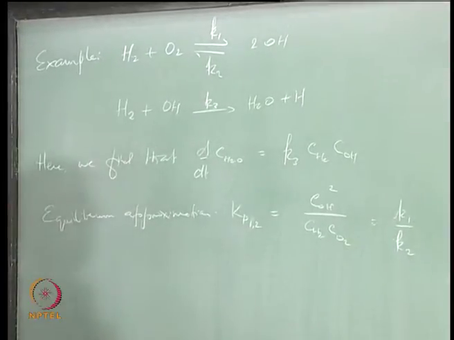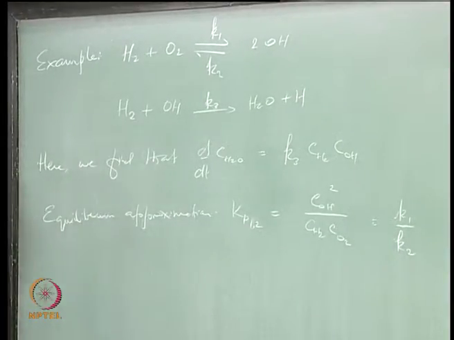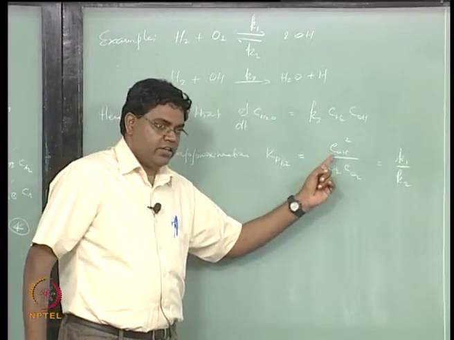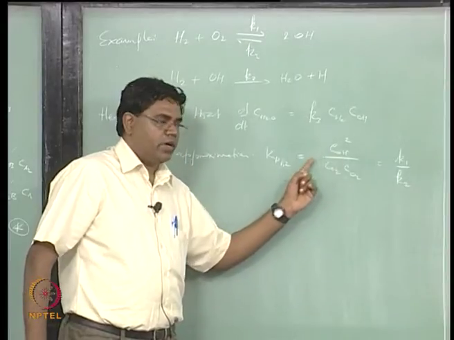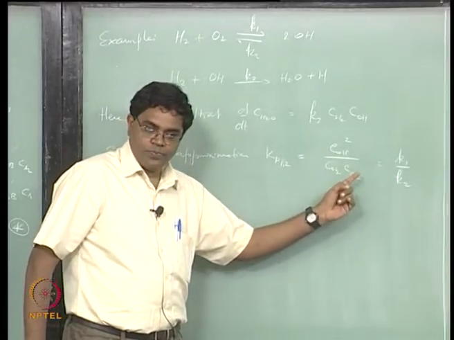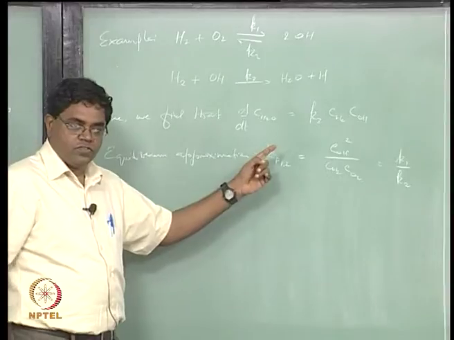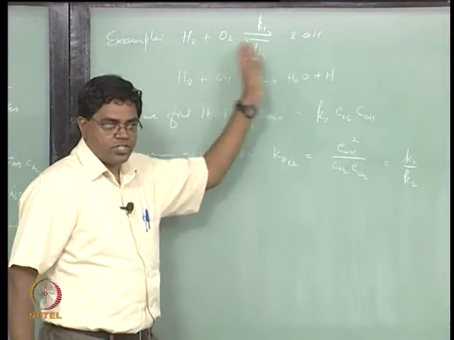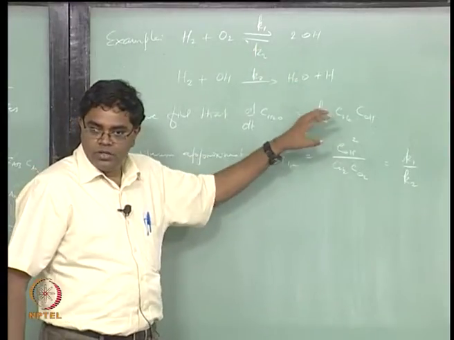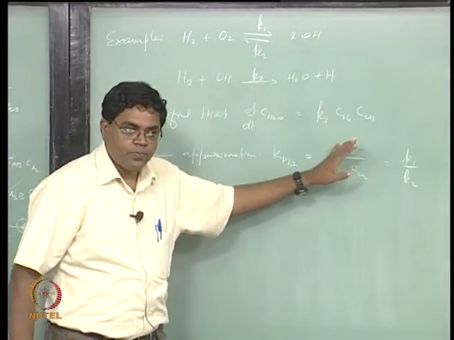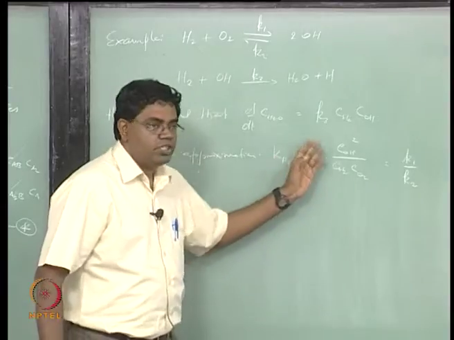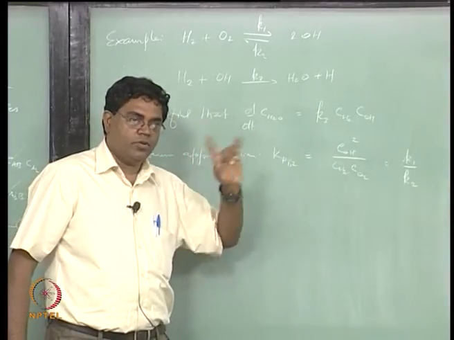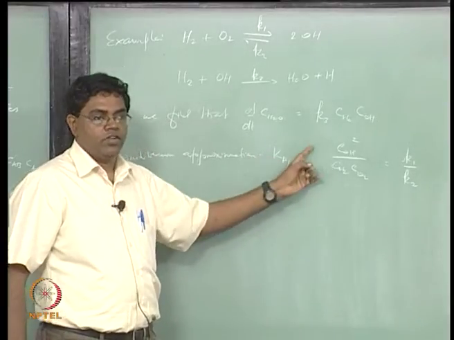Now keep in mind when you write Kp, strictly speaking we should be writing POH squared divided by PH2 PO2. It just turns out that the molecularity is the same for both the forward and the reverse reaction, and therefore the total pressure gets cancelled out and you can write in terms of concentrations directly. If the molecularities are not the same for both sides, then you will get into trouble.